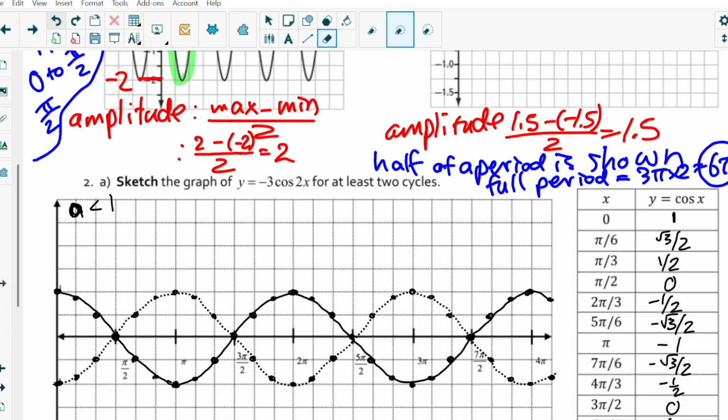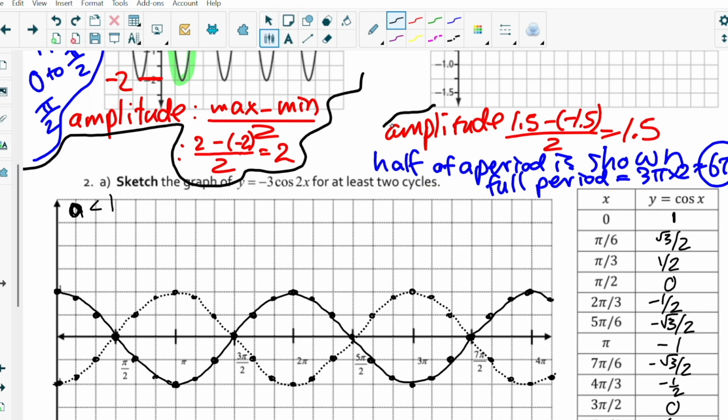Let's do this. I'm going to have to carve out some real estate here. All right, so this will be y equals cosine of x. This would be y equals negative cosine of x. Okay, the dotted line.